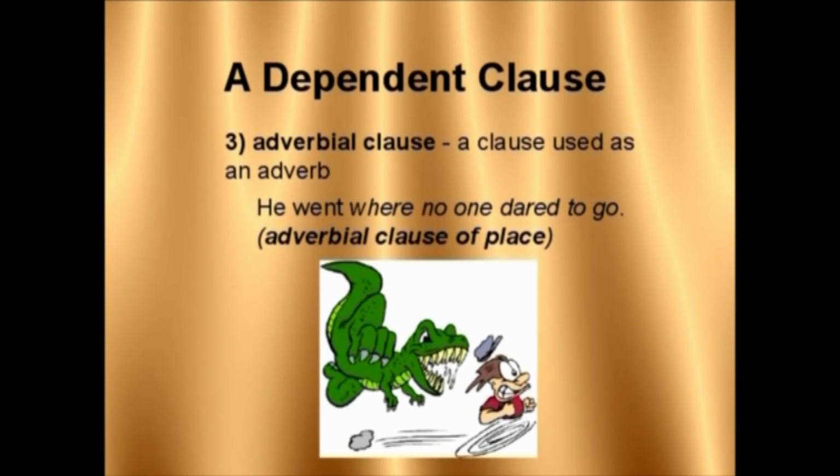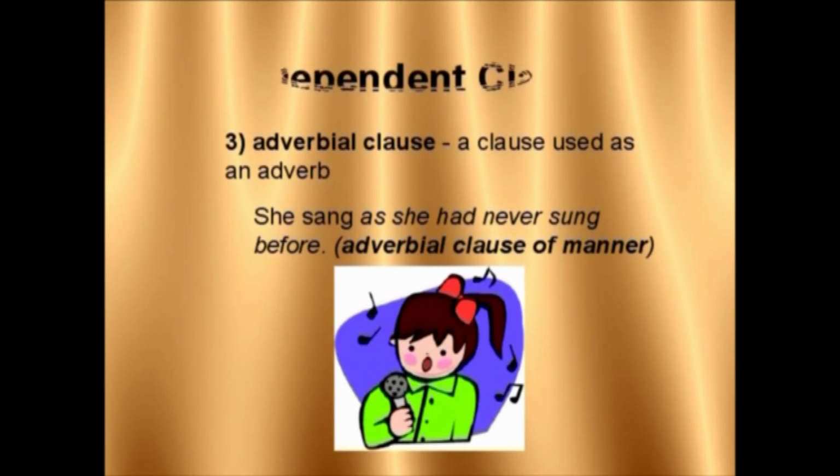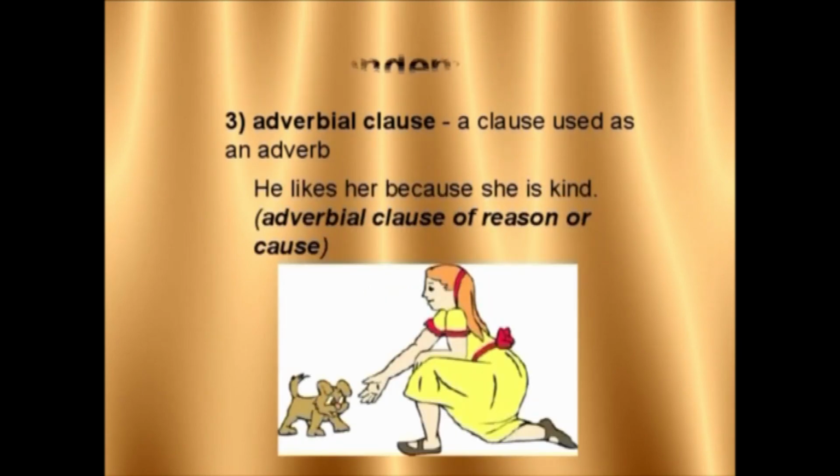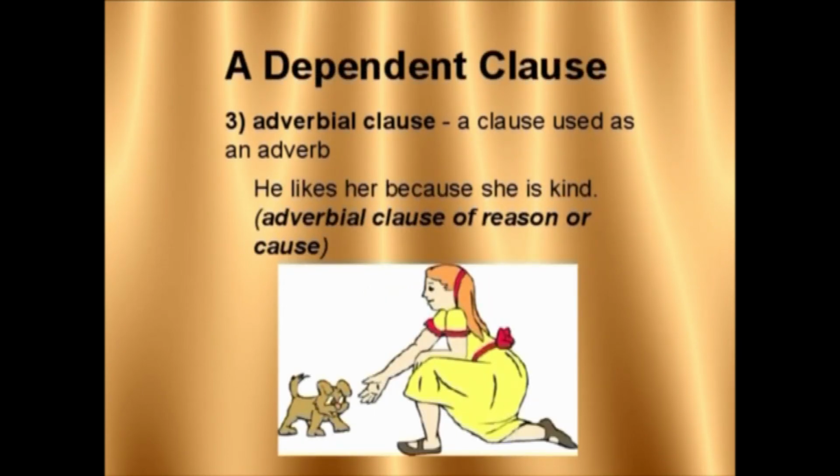Adverbial clause of place. "As she had never sung before" in She sang as she had never sung before. Adverbial clause of manner. "Because she is kind" in He likes her because she is kind.